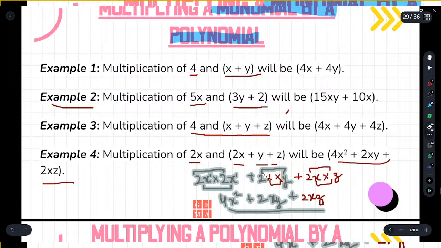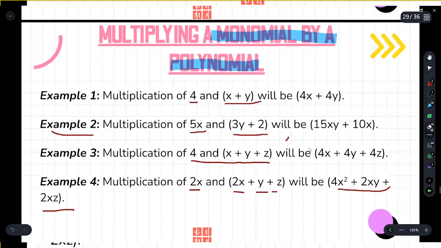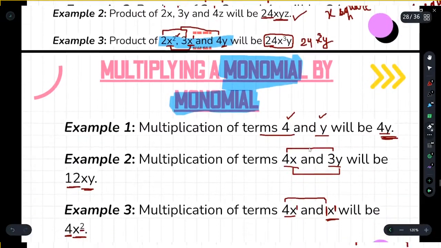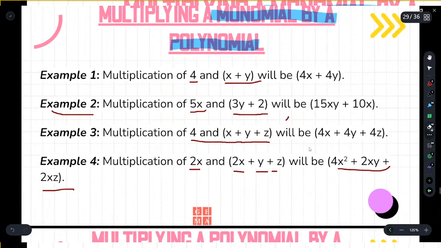This one was easy. If we know how to solve these brackets, we can just employ these steps of multiplying a monomial by a monomial in this one. Whenever we are multiplying a monomial by a polynomial, we just have to open up the bracket and multiply the monomial with each of the individual terms in the polynomial.